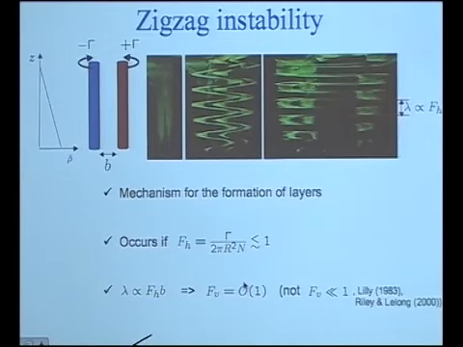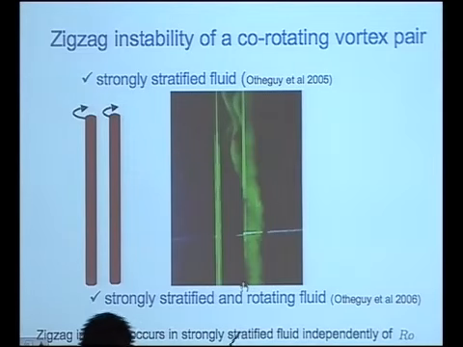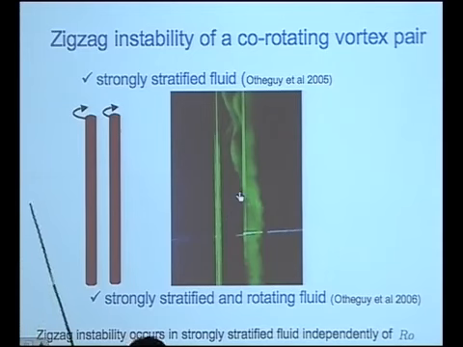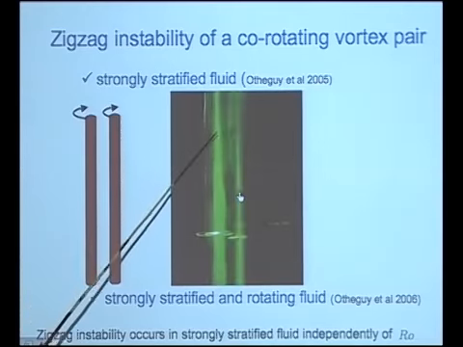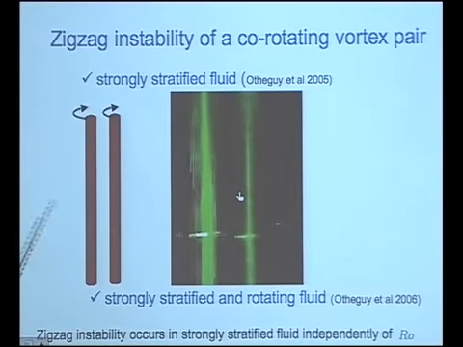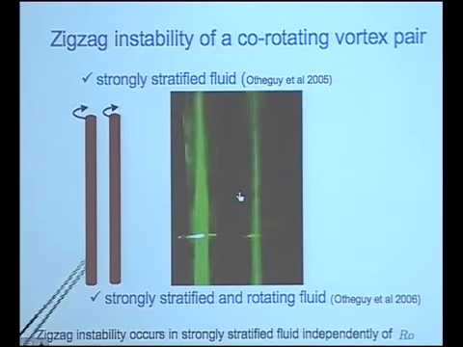This scaling implies that when the stratification increases, the wavelength decreases, and this implies that the vertical Froude number, the Froude number based on the vertical scale of the flow, is of order unity and not small as assumed previously. We have also observed a similar type of instability on co-rotating vortices, again in a strongly stratified fluid.